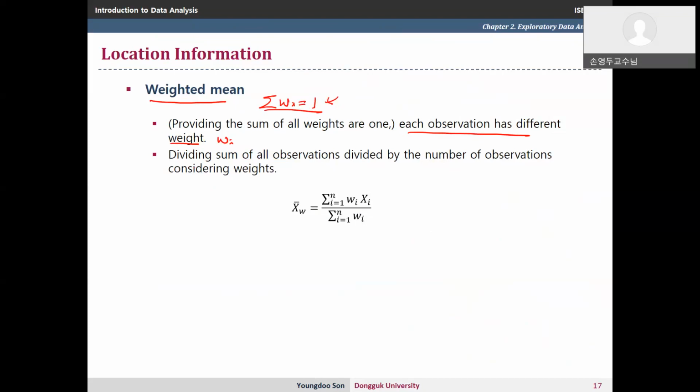So the weighted mean xw bar is defined as the sum of Wi multiplied by xi over the sum of Wi. If it is 1, then it can be just written as the sum of Wixi.